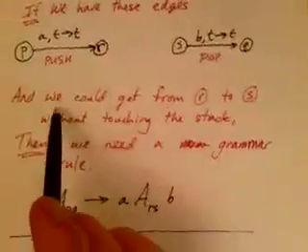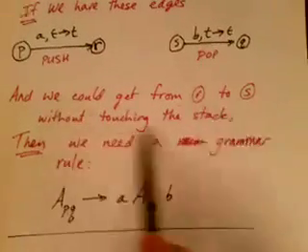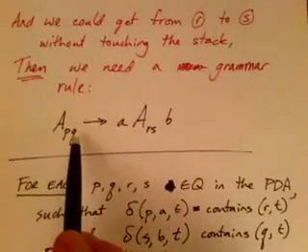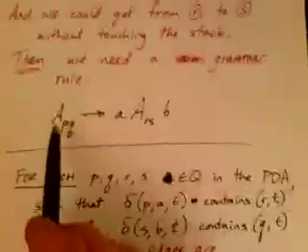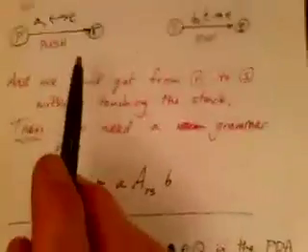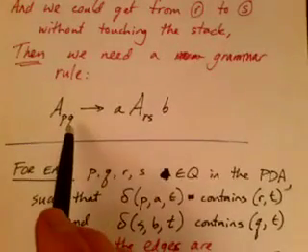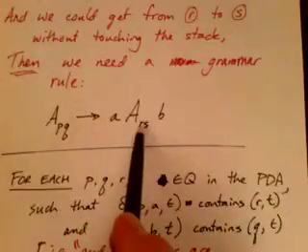So if we could get from R to S without touching the stack, then we need a grammar rule that will allow us to get from P to Q without touching the stack, without going negative in the stack. So when we see this pattern of these rules, we need to add a new rule to our context-free grammar.